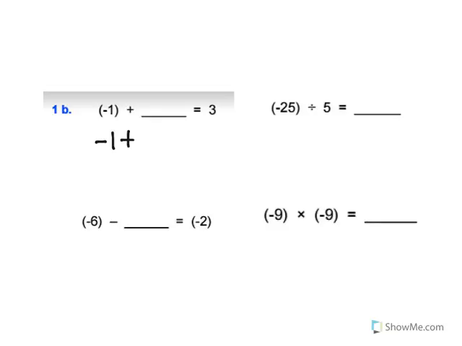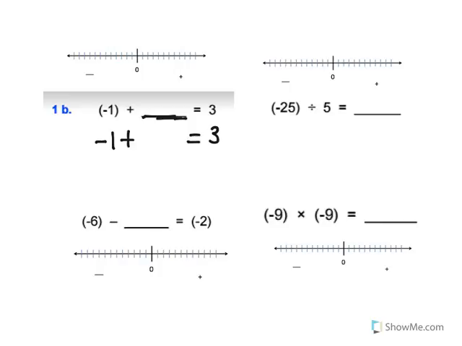Here I have negative 1 plus a number equals 3. How do I find out what this number is here? I have my number line, or let's use the one you have. Hold on. Okay, I have my number line, and they say negative 1, so I start at negative 1, plus some number gets me to 3. So I have 1, 2, and 3. I need to find out how much I move between here and here.